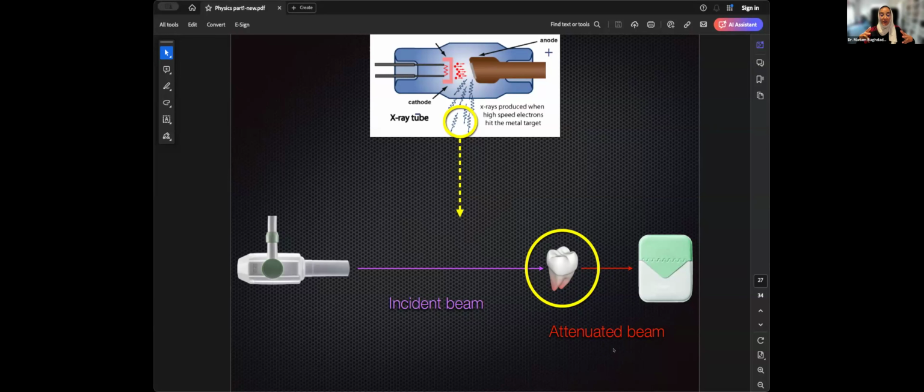That means the beam has interacted with the body and comes out the other side carrying all the information I need to hit the film to give me an image. Now we will understand what happens to these X-ray beams here to create an attenuated beam.